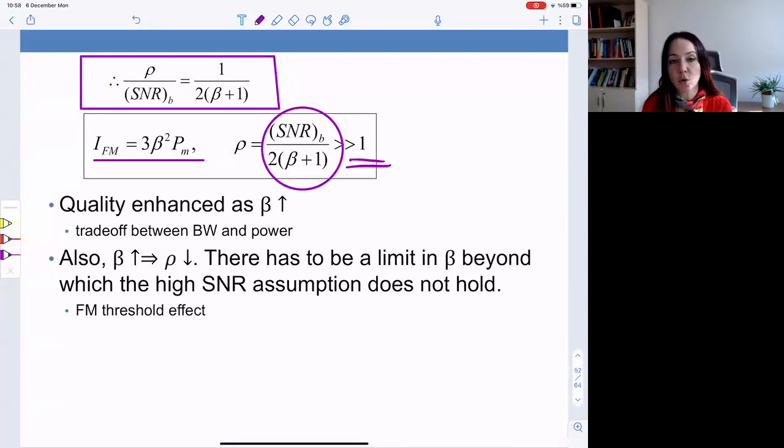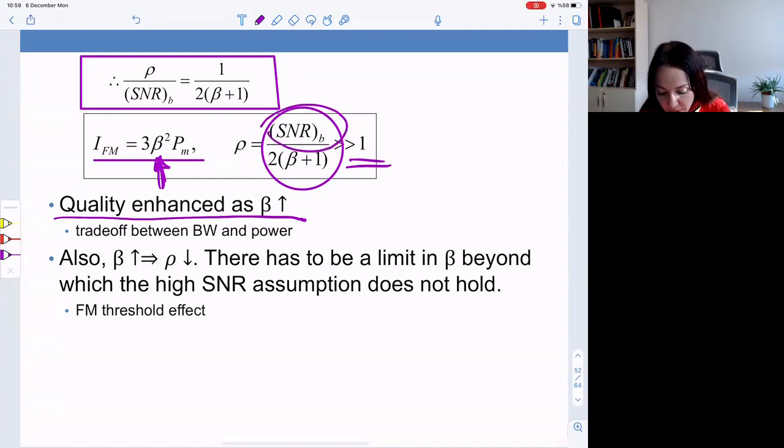If it goes below 1, there's an FM threshold effect. So the quality is enhanced as beta increases only if SNRB is large enough. So if you keep increasing beta, yes, you do increase the figure of merit, provided that SNRB is large enough.